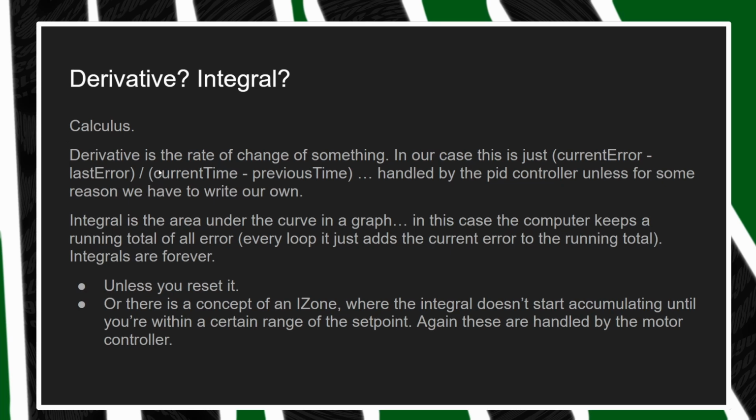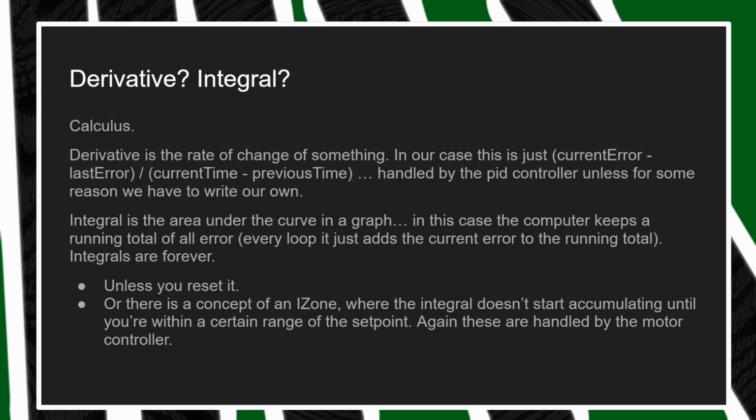So, that derivative and integral thing that came up in the equation, calculus. Derivative is the rate of change of something. In our case, it's mostly just using the concepts of calculus. You're not actually forced to do any calculus. You just need to have some understanding of the idea.